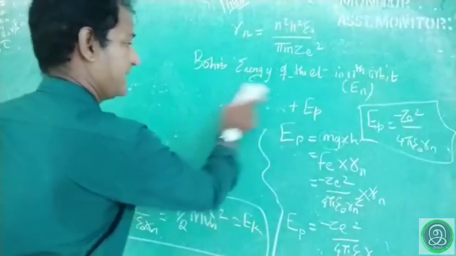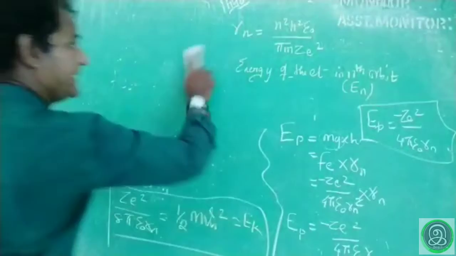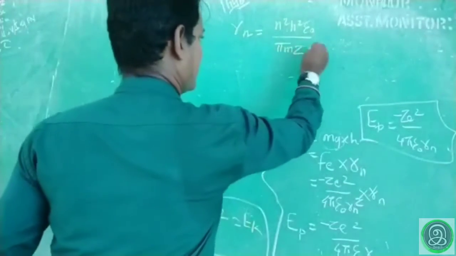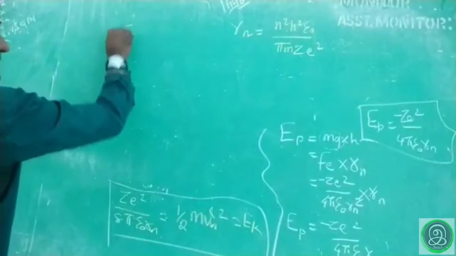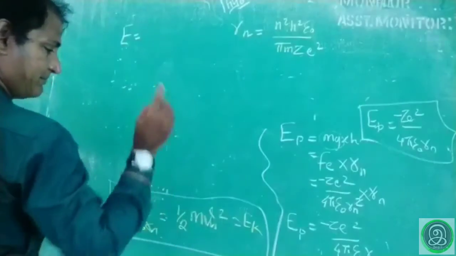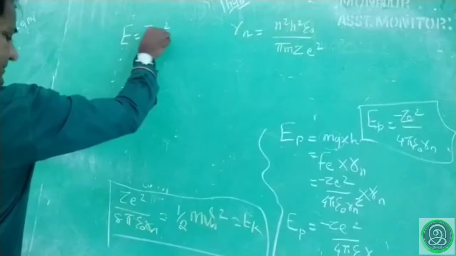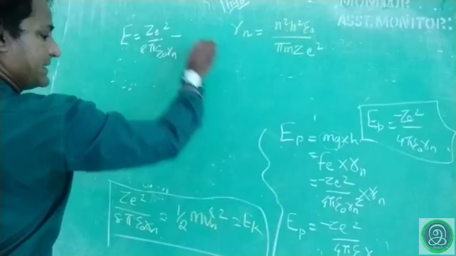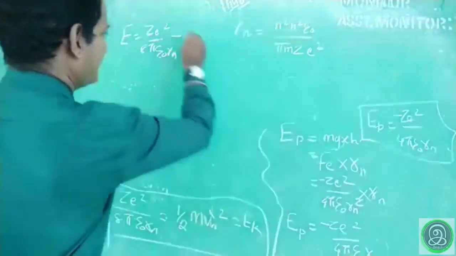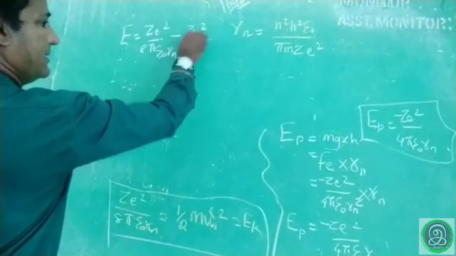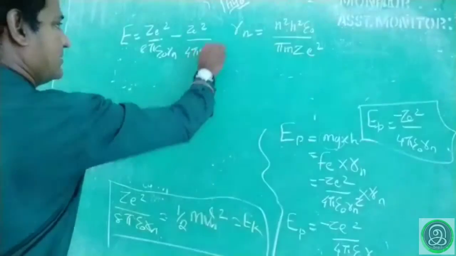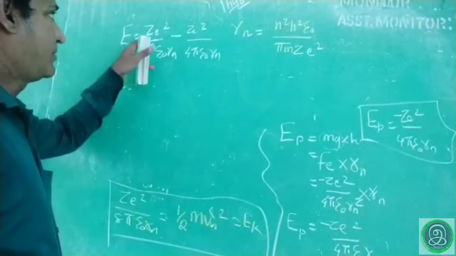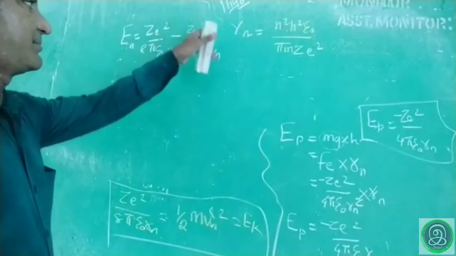And let me apply E suffix n is equal to Ek plus Ep. Since we need this, I don't want to rub this. So what is Ek? Ze squared by 8 pi epsilon naught Rn minus, that is Ep is nothing but minus Ze squared by 4 pi epsilon naught Rn. So total energy of the electron in the nth orbit is equal to the kinetic energy plus the potential energy.